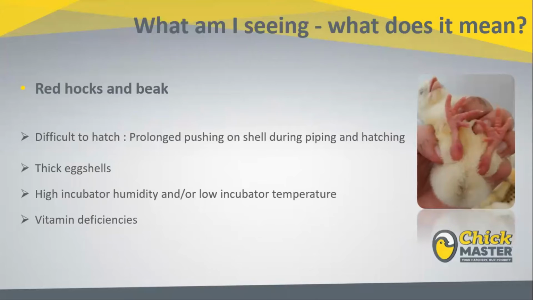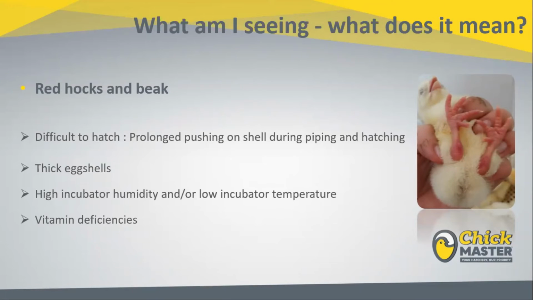So these red points prove that the chick spent a long time pushing on the shell during pipping and hatching, trying to get outside the egg. Some vitamin deficiencies can also be an origin of this problem. But also if chicks are pulled early, we can have this aspect.